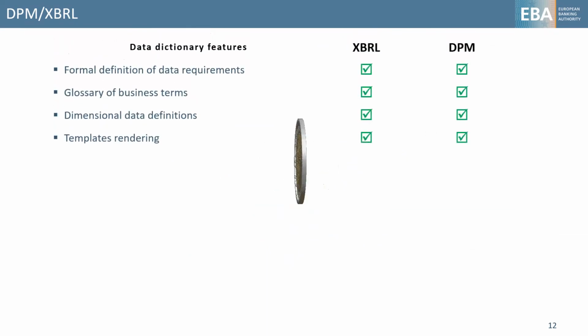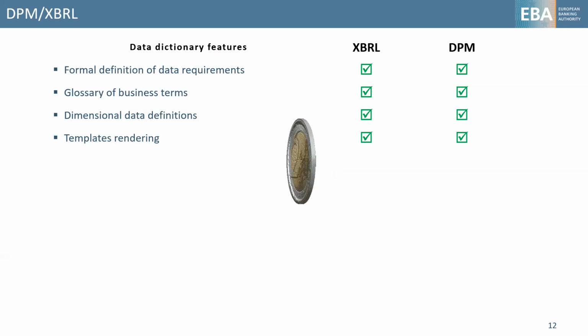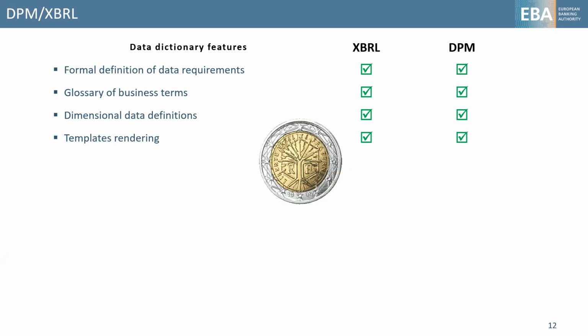And there are reasons for this, because both of them share a number of features as data dictionaries. So the formal data definition of concepts, the glossary of the business terminology, they both refer to dimensional data definitions. They enable template rendering, and this is what makes them common to a certain extent.